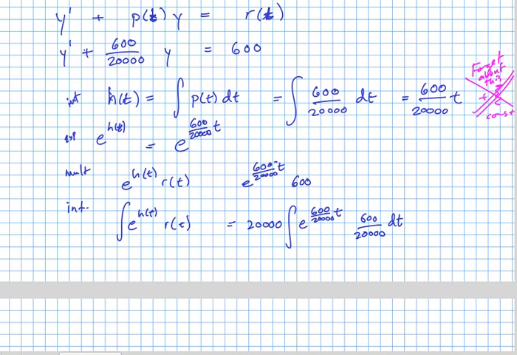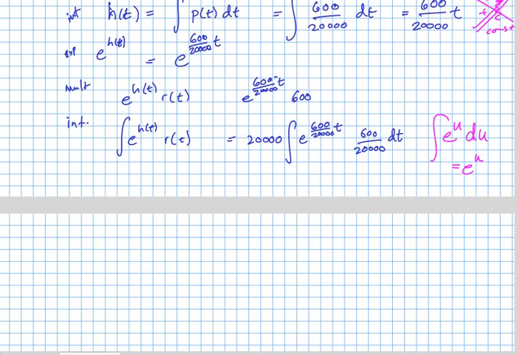Now we've got the e to the u du form, and of course we know that's e to the u. When we integrate it, we're now looking at 20,000 times e to the 600 over 20,000 t plus a constant.